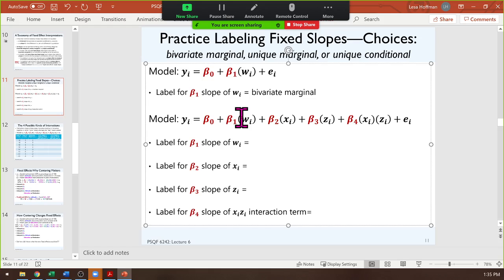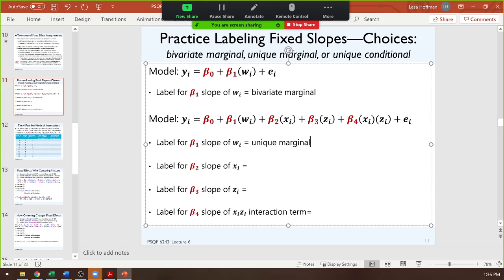So W here. Here's how you know. Do you see W represented anywhere else in the model? Nope. That means it's marginal. So W is unique marginal. Beta 1 describes the effect of W for everybody.